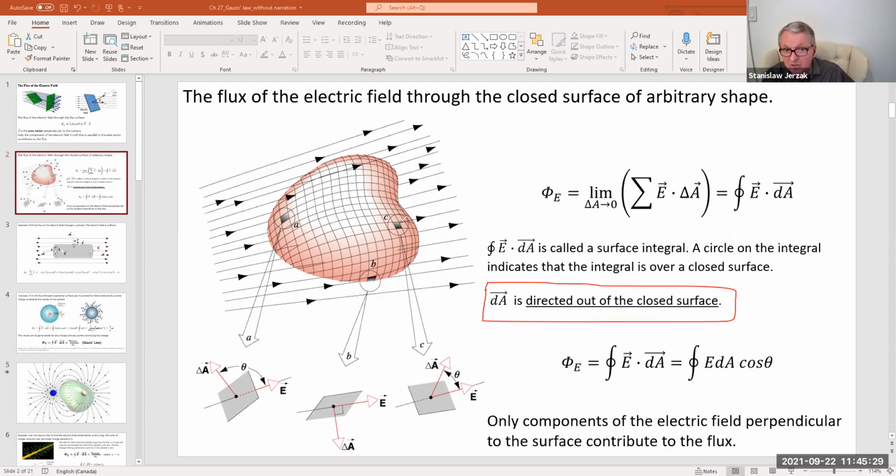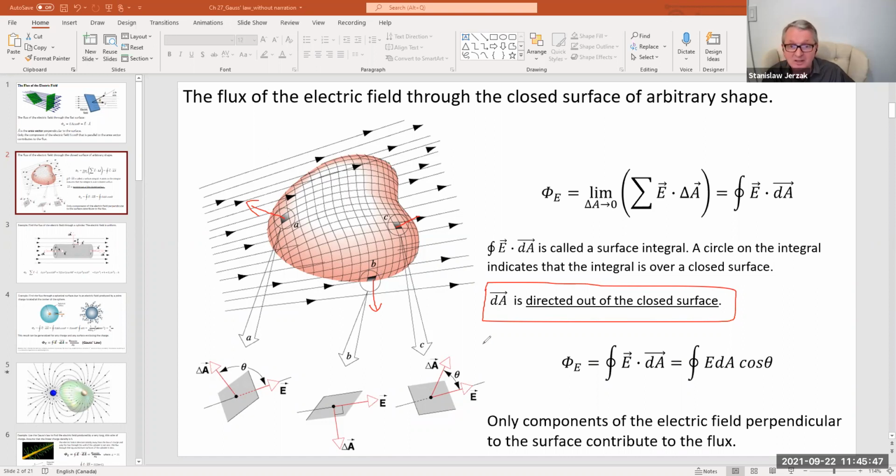You see, at this point, the area vector A is in this direction. For this surface, in this direction, to the outside, always to the outside. That's the definition of the vector delta A for a closed surface.